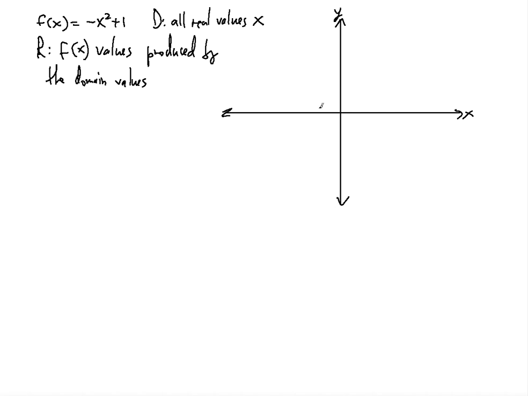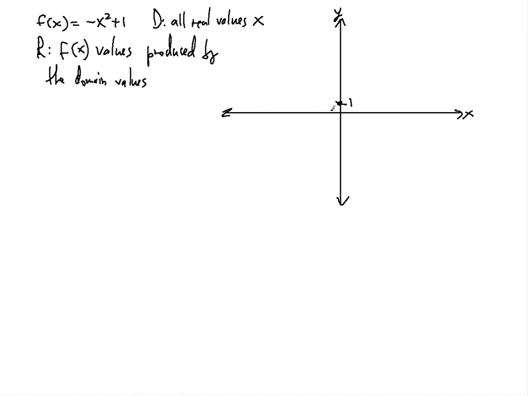And if you plug in the value of x in this function, your y value, the function value, will be 1. It will be here. And as you should know, when you have a negative coefficient of x squared, if you're dealing with a quadratic function, it means that the parabola will open down. So it will expand downwards.